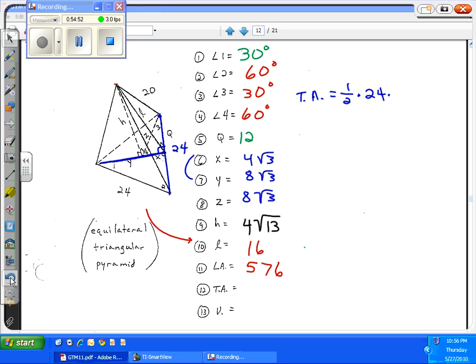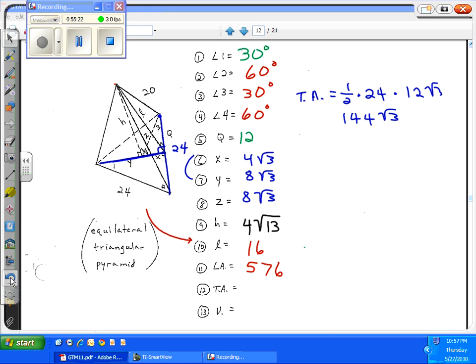The bottom is a triangle. It's 1/2 its base 24 times its height, which is x plus y, which is 12 square root 3. So half of 24 is 12 times 12 is 144 square root 3.